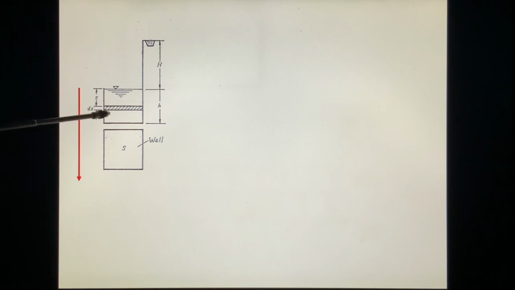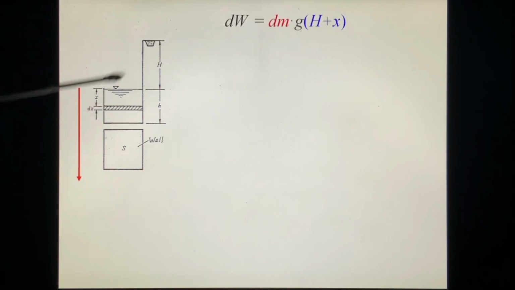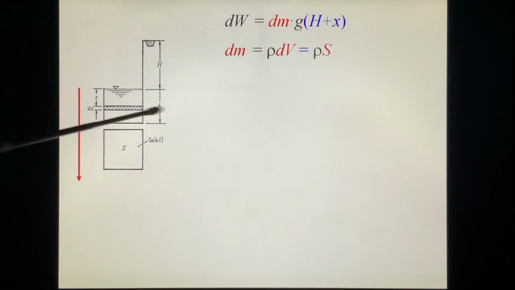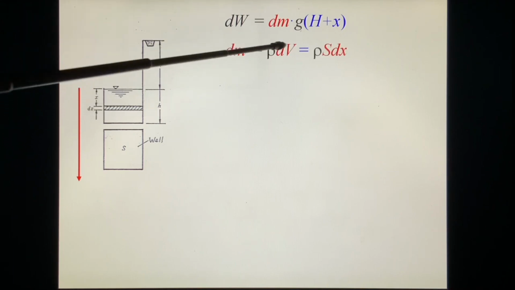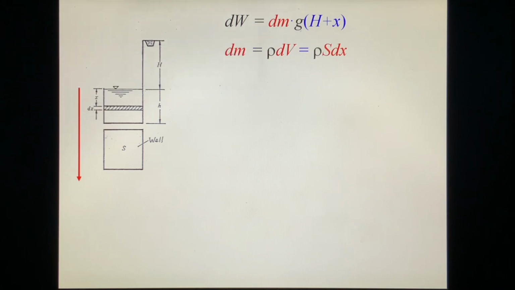The work done, dW, would equal dm, the mass, times g times h, where the height is x plus big H. And the many layers are put together. dm, the mass of this layer, equals the volume multiplied by the density of water. The volume of this layer is S dx.